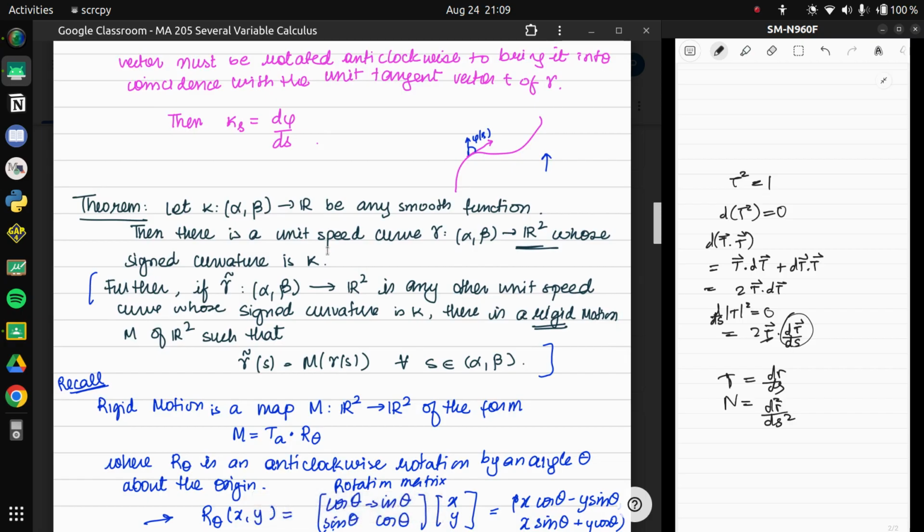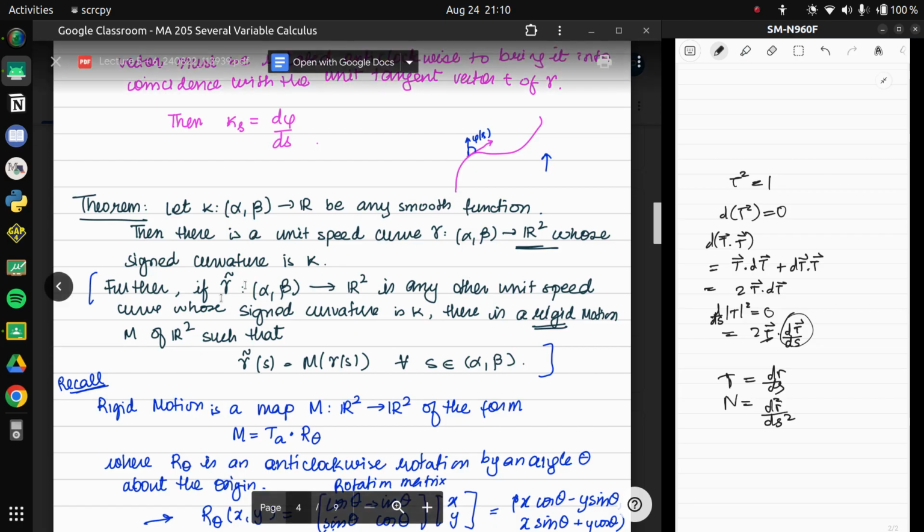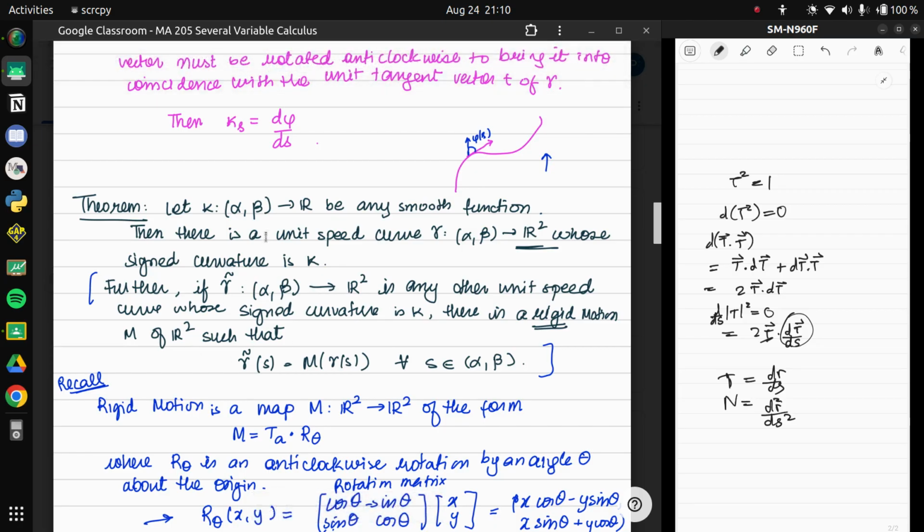So now we have this theorem which says that, let kappa be the signed curvature of a unit speed curve. Further, r tilde is any other unit speed curve. So what this is saying is that kappa completely determines what curve you are going to get.